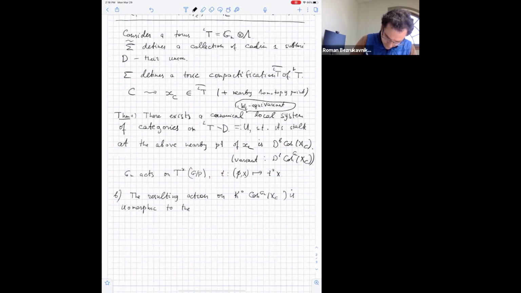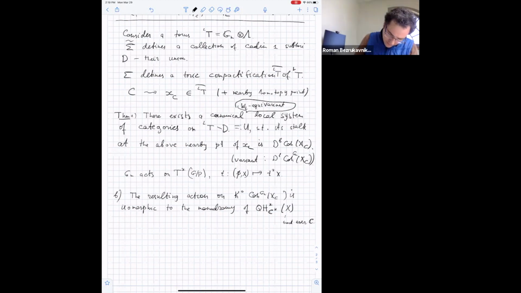to the monodromy of equivariant quantum cohomology of X. So here, of course, I need to work over C for these things to be defined.